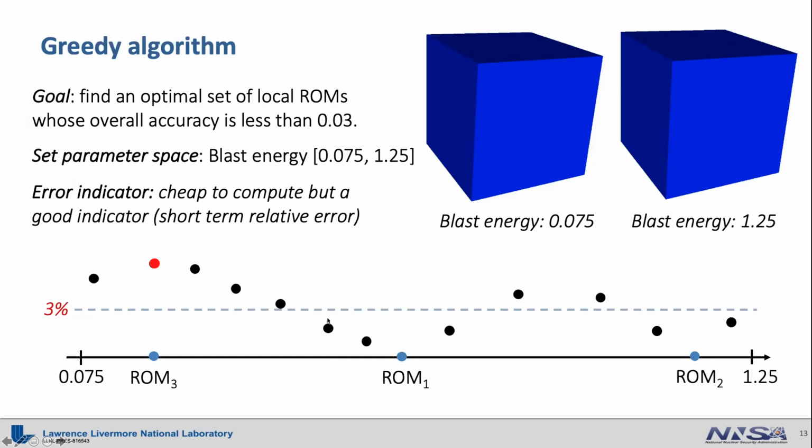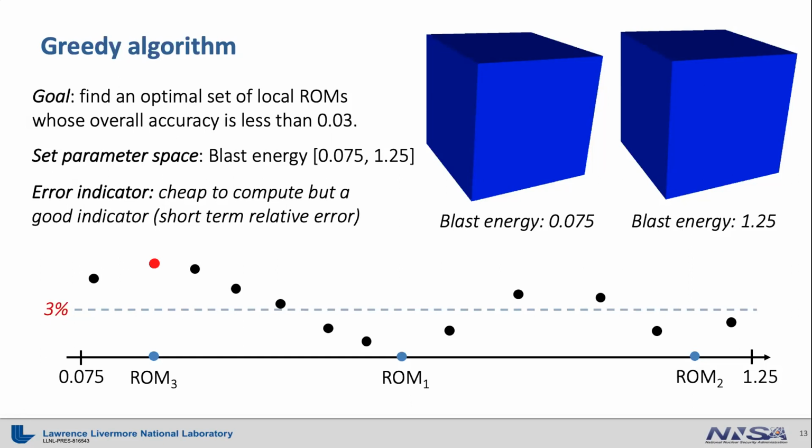So according to this graph, the trust region of this local ROM would be this area. So the trust region of the local ROM is determined by the error indicator. And we use the residual based error indicator so that we don't have to solve the full order model every time we need to evaluate the error indicator.